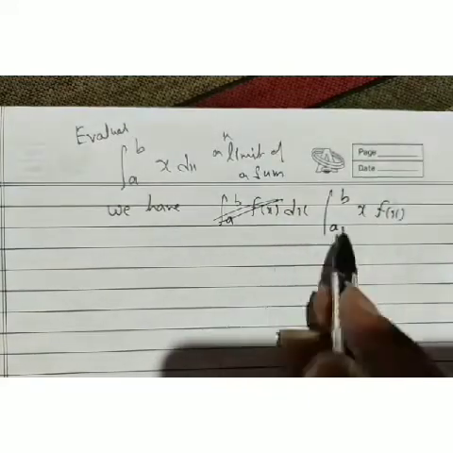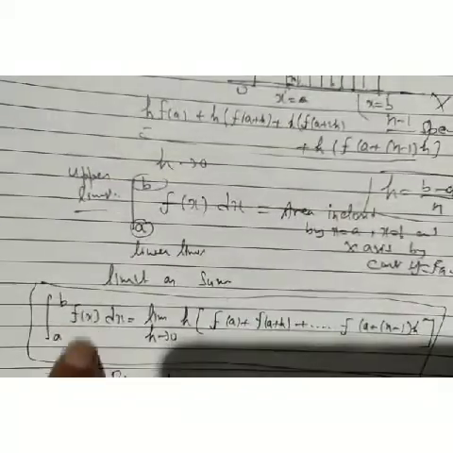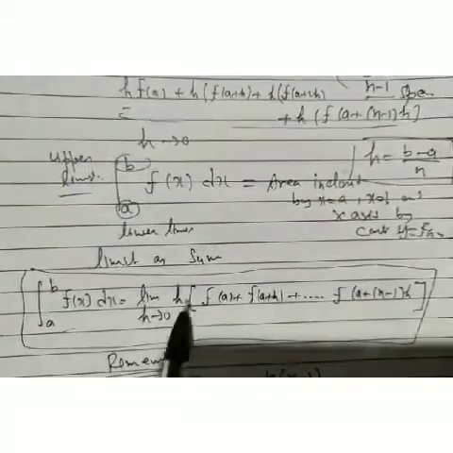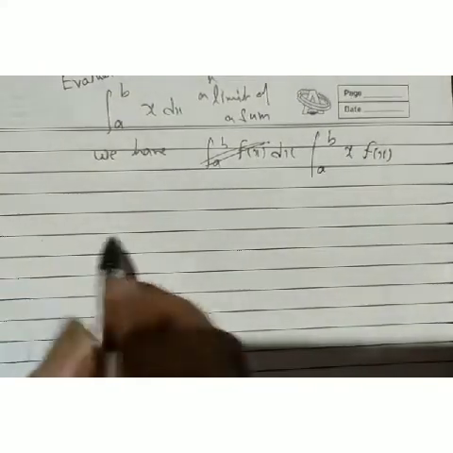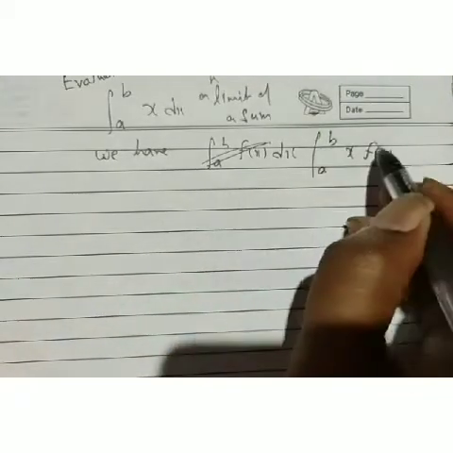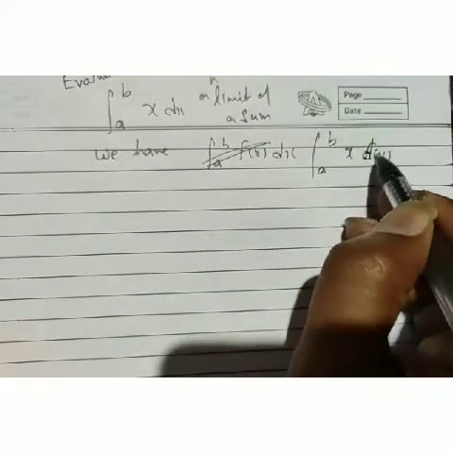Then we are going to compare with our formula, the integral from a to b of f(x) dx, and we are going to find the values f of a, and f of a plus (n minus 1) h.